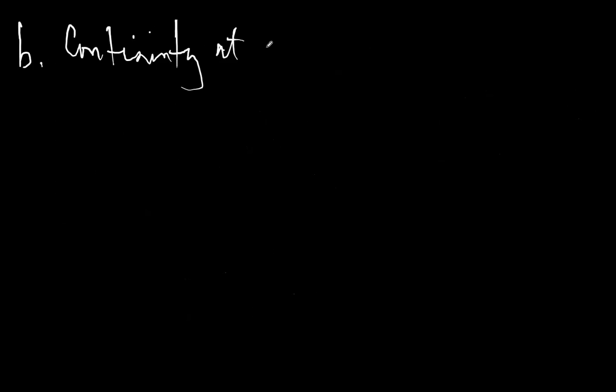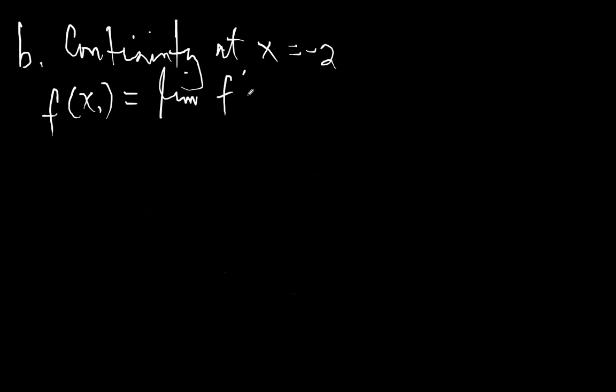At x is equal to -2, for continuity, we need to check the three conditions. We need to show that f of x sub 1, the function value at x sub 1, is equal to the limit value of f of x as x approaches x sub 1, right? So the first condition is f of -2.